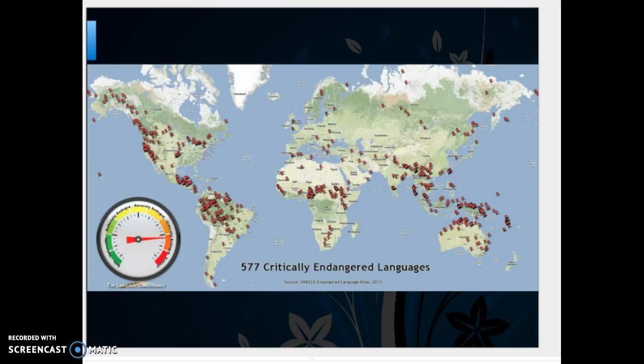Because a lot of these languages have different words that may not translate to different ones. Oftentimes when you switch languages, it gets lost in translation. So a lot of linguists are trying to make an effort not only to record these languages, but to make sure they continue to be spread from generation to generation.